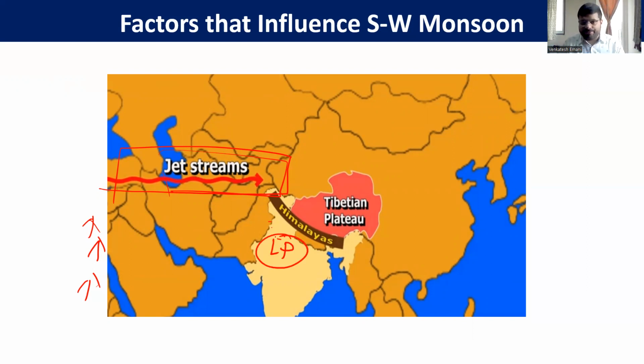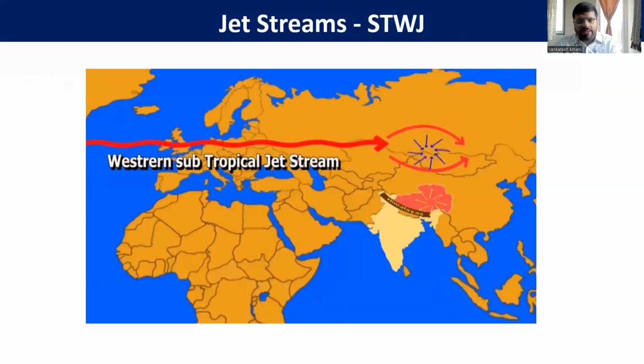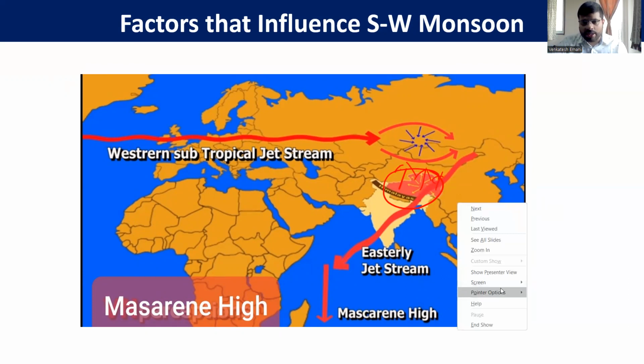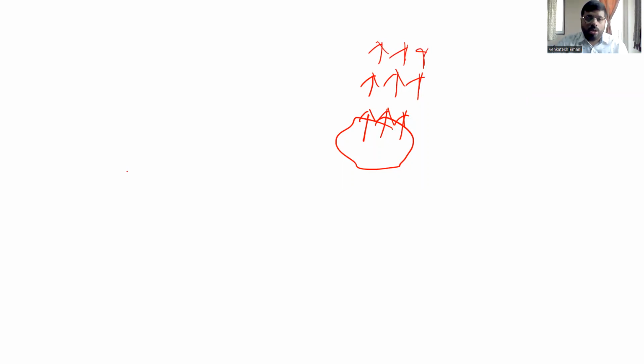Exactly at the same time, as this jet stream is lost, you will find that there is another jet stream. Now you all know from the Tibet what is happening. The air is rising. You all have understood this picture, no? So if this is Tibet, the air is rising from Tibet into the upper atmosphere. Now what happened?